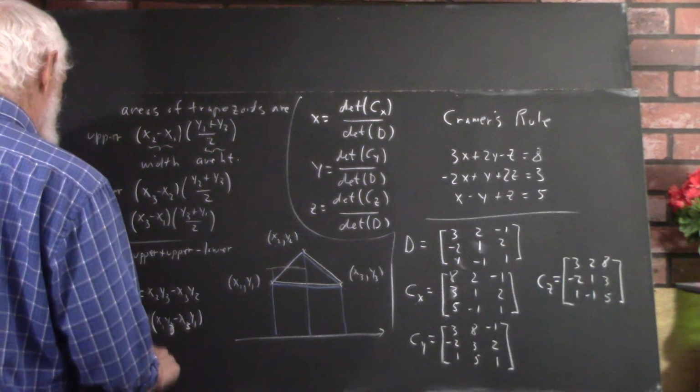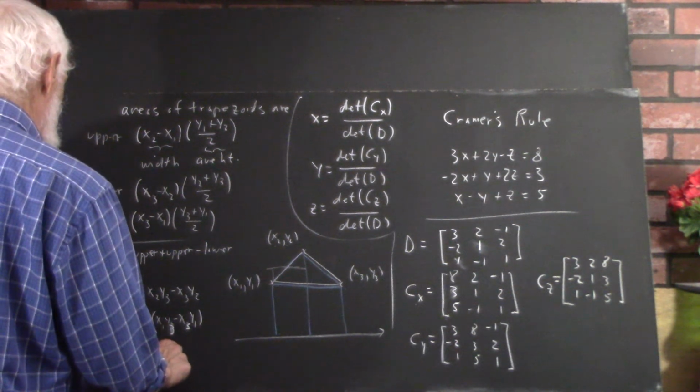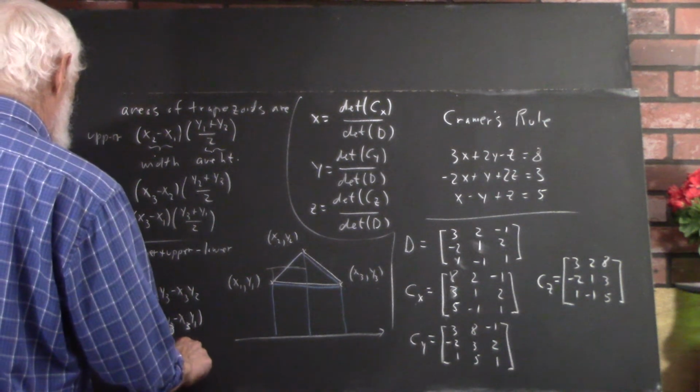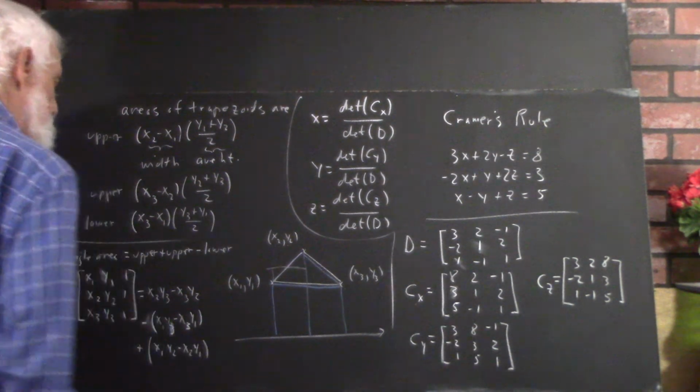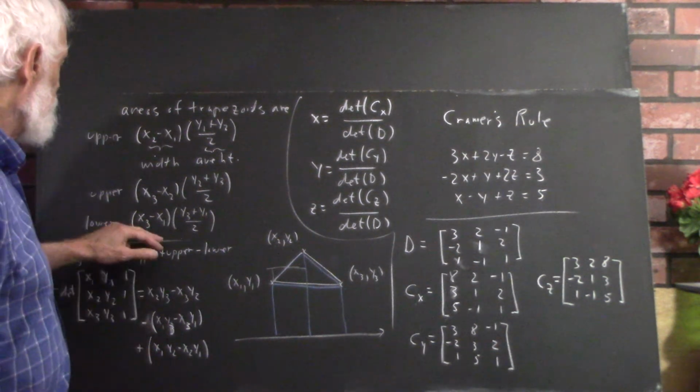And then it's plus 1 times the determinant of this, which is x1, y2, minus x2, y1. Well, there's your determinant, and this is identical to what you get here.